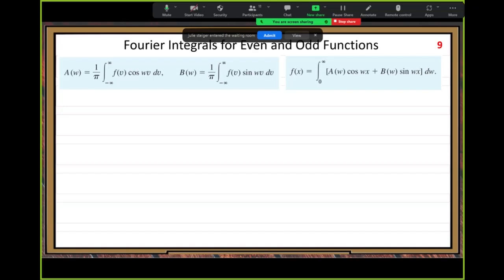So our problem-solving tools also need to cover those non-periodic functions.